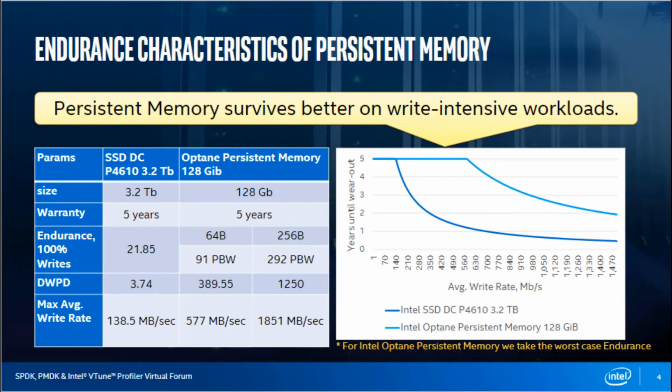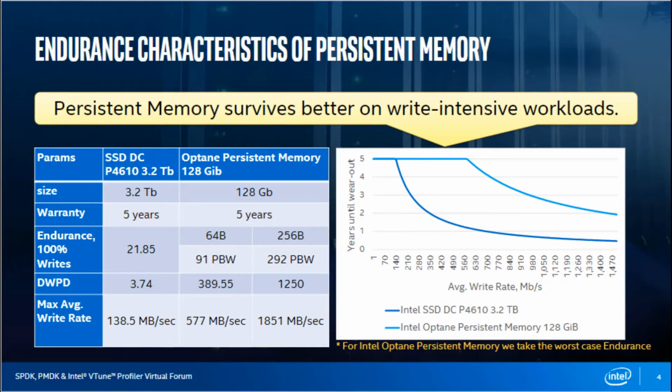And it means how many times per day we can rewrite this SSD to support the full warranty period. And for Optane persistent memory, if you look into the specification, you will see that we have two values for endurance, provided for two cases.